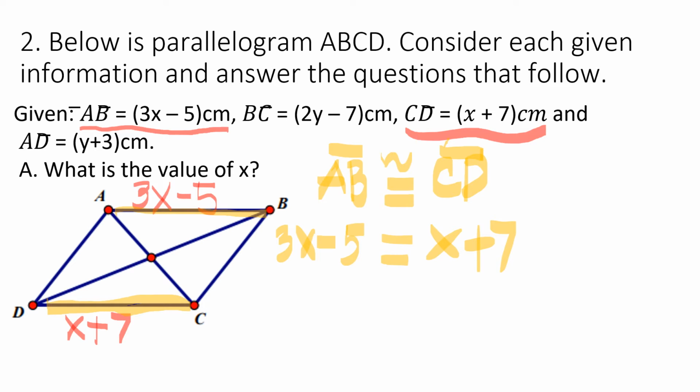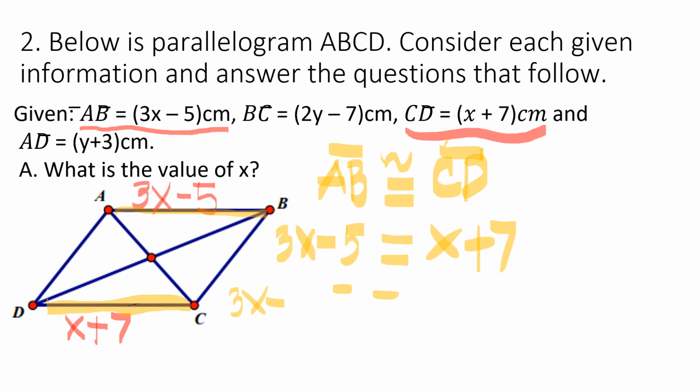So we have to put the variable x on the left side of the equation and all the constants on the right side of the equation. Let me erase something.